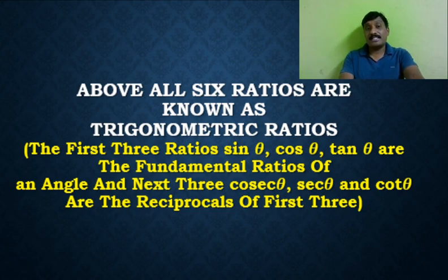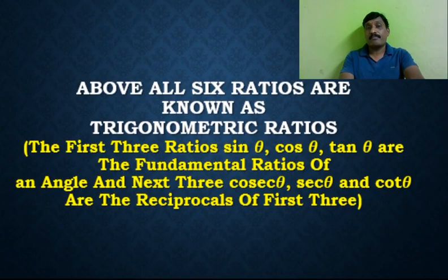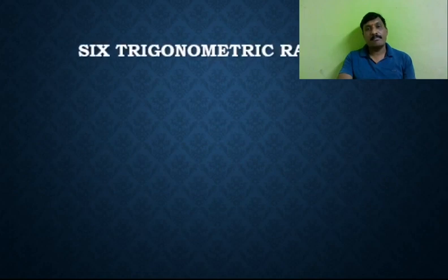The next three are cosec theta, the reciprocal of sine theta; sec theta, the reciprocal of cos theta; and cot theta, the reciprocal of tan theta. So the next three, cosec theta, sec theta, and cot theta, are the reciprocals of the first three ratios.